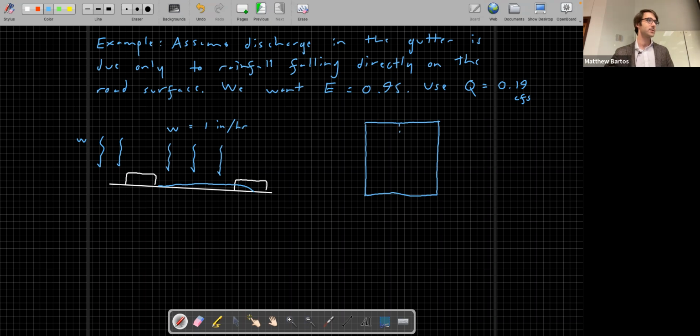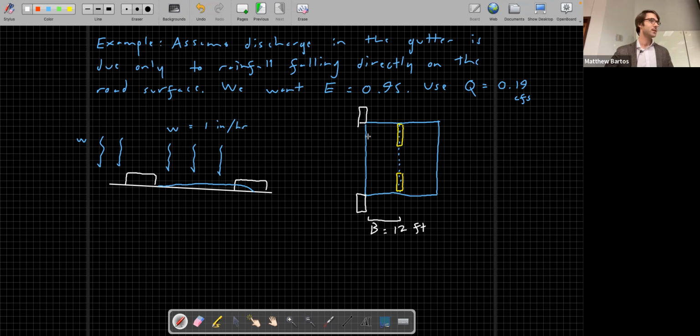And our road surface, we're only getting discharge from 1/2 of the roadway. So here's just a drawing of the roadway here. And we have curb inlets here and here. Okay. And let's say that the width of 1/2 of the roadway is B is equal to 12 feet. So this is a residential collector.